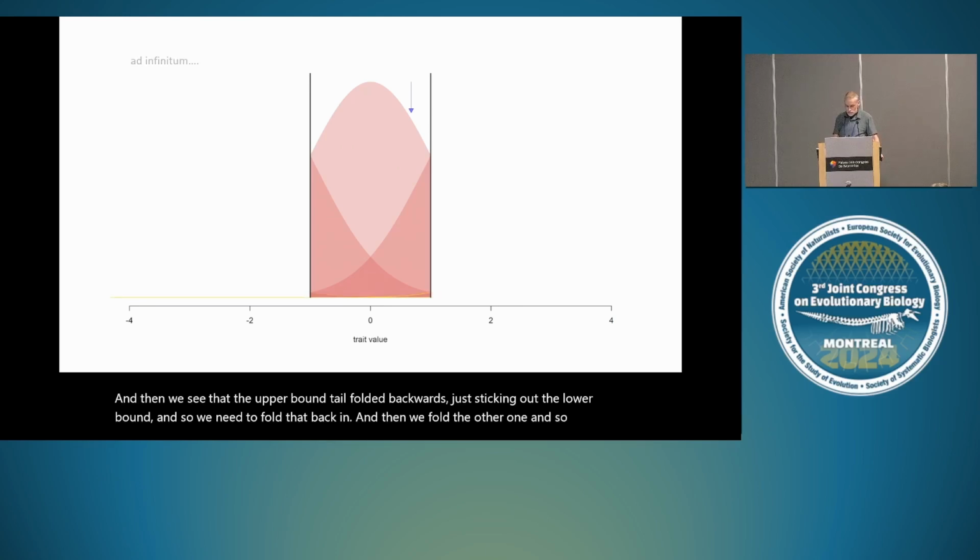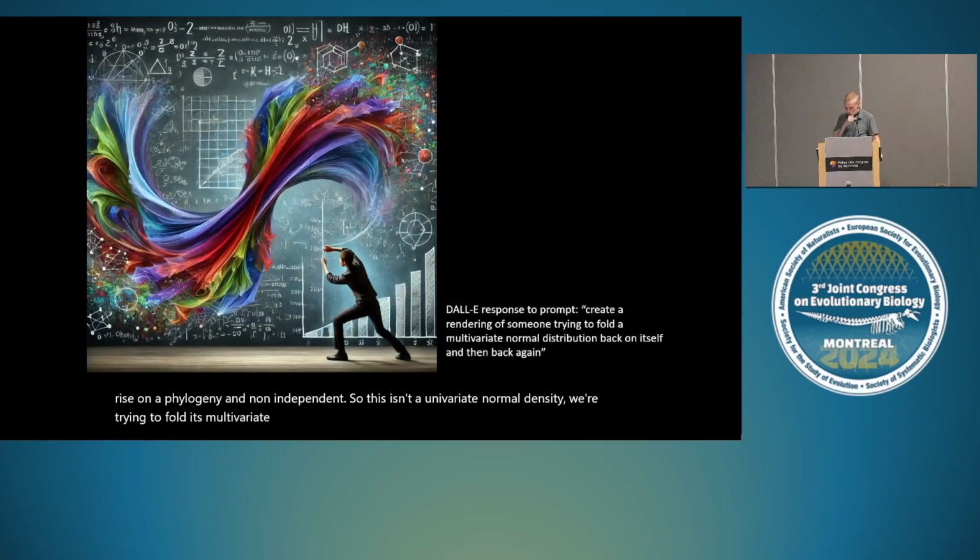We actually have to do this ad infinitum because our unbounded normal density is non-zero from negative infinity to positive infinity. To compute the total probability of our datum, we have to sum over all these infinite layers of the folded normal density, one on top of the other. And if this wasn't bad enough, our data that arise on a phylogeny are non-independent, so this isn't a univariate normal density. We're trying to fold a multivariate one, so that's not going to happen, basically.